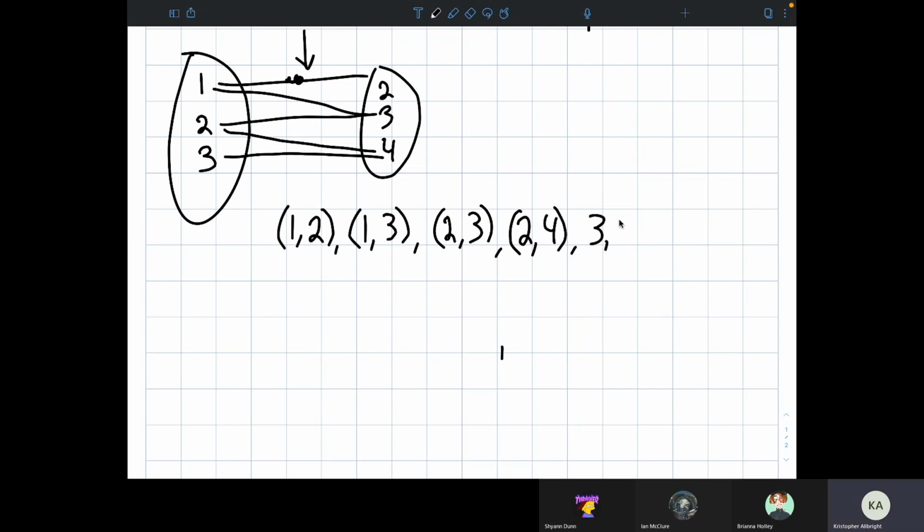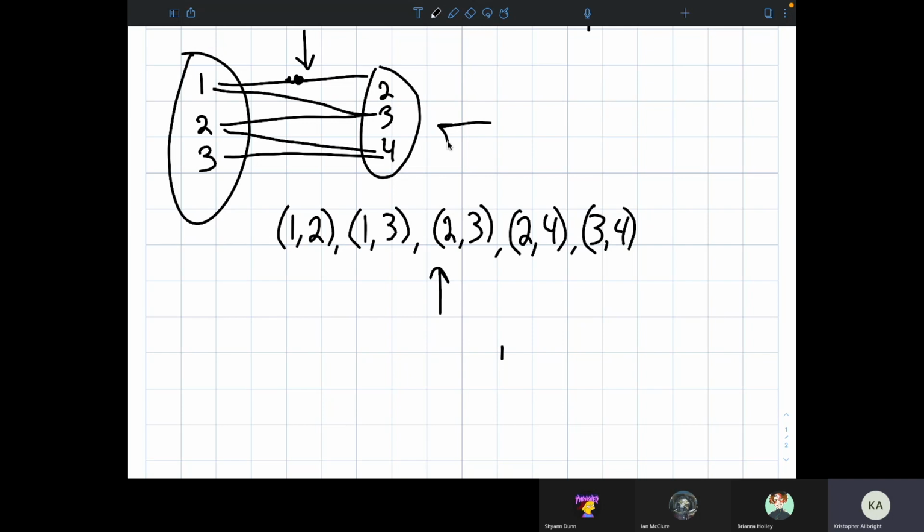And 3 is related to 4. And again, we're not really telling how they're related. We're just saying that they are. So this is the same thing as this. All we've done is just written it as a list instead of as a chart.